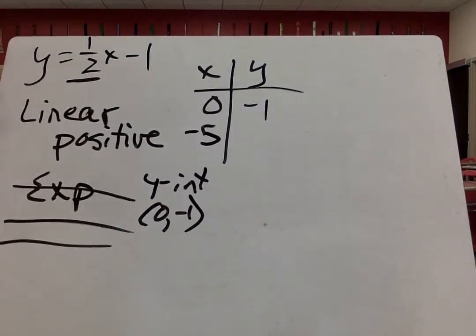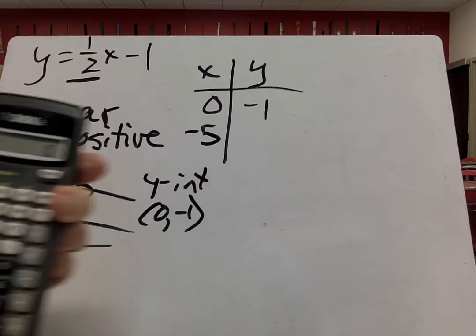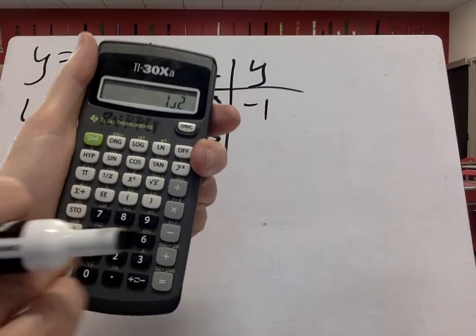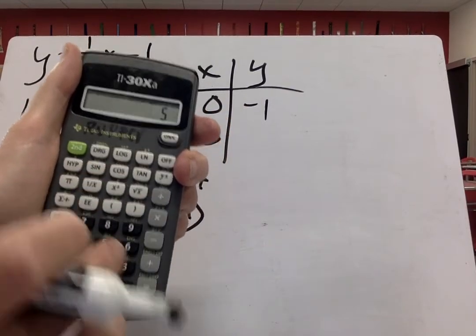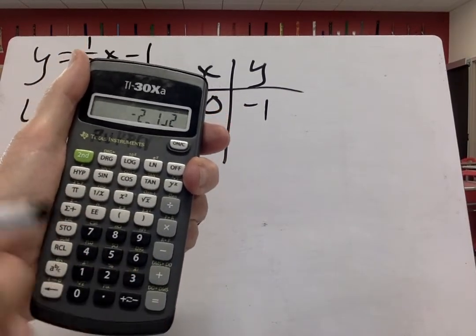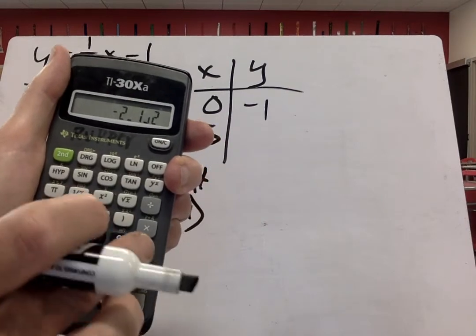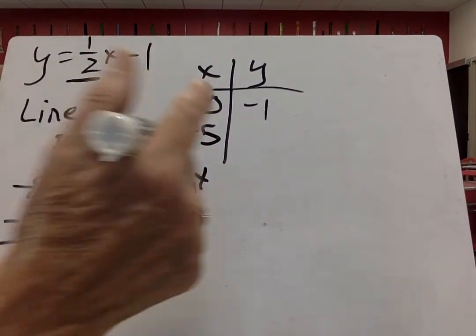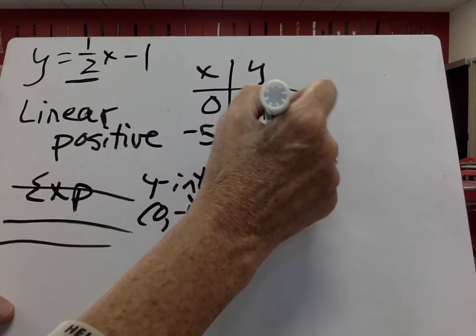So 1/2 times negative 5 is negative 5 halves. So we can go 1 A B/C 2 times 5, and then you have to put the negative after, equals negative 2.5 minus 1, negative 3.5. And I'm just going to put negative 3.5.